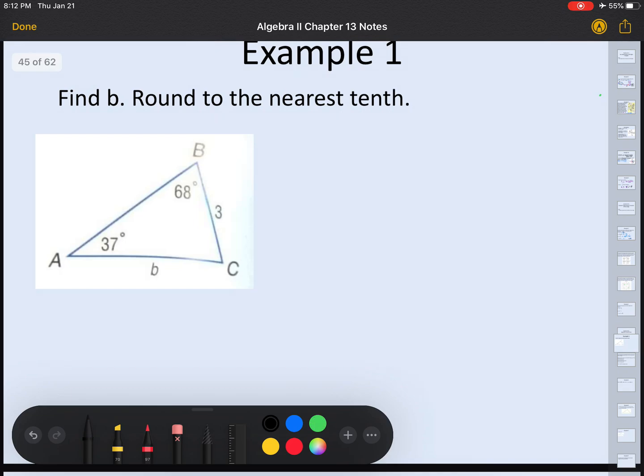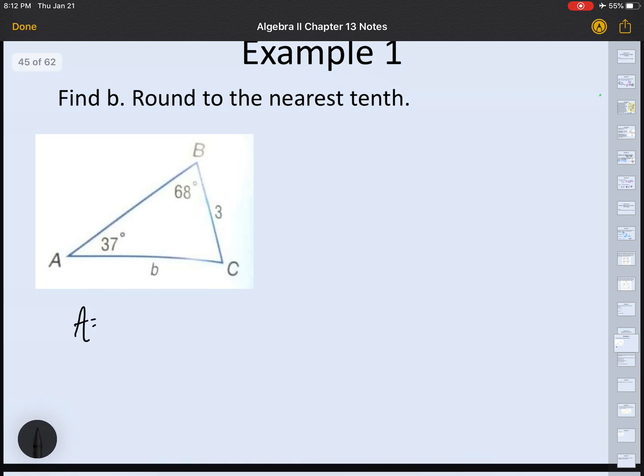Okay, so we know that angle A is 37 degrees, and little a, which is across from it, is a side length of 3. Big B, or angle B, is 68 degrees, and we don't know little b, that's what we're trying to find. And we really don't need to know C, okay?